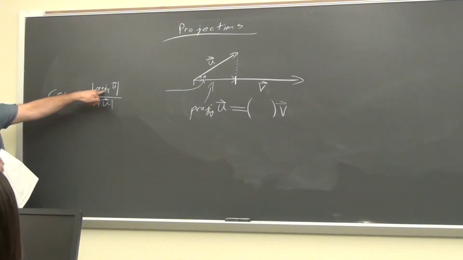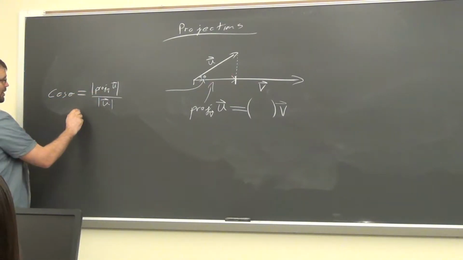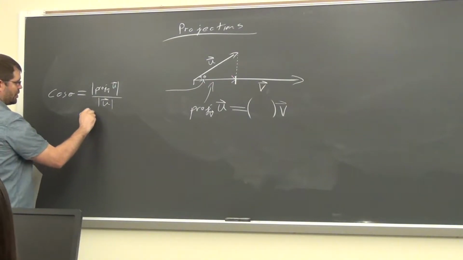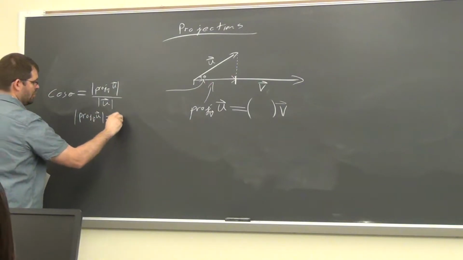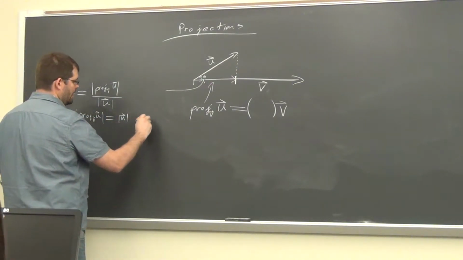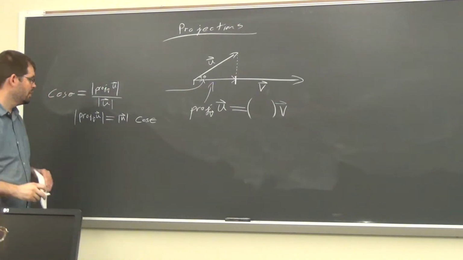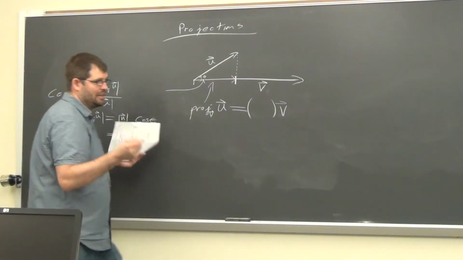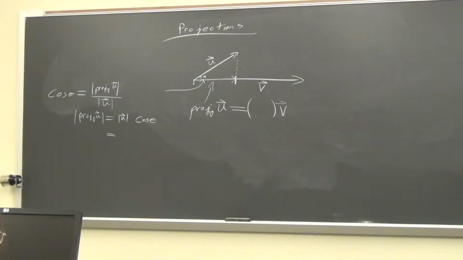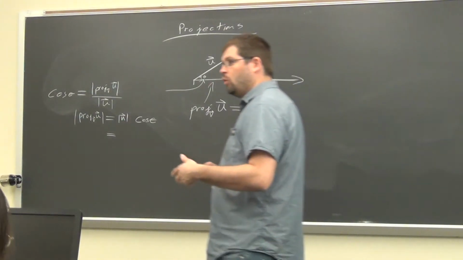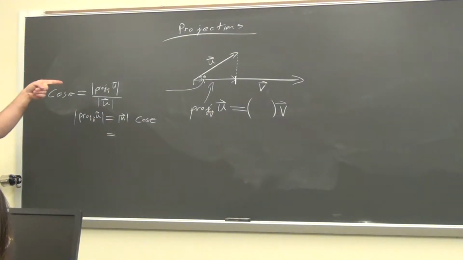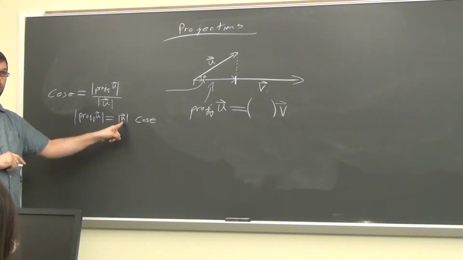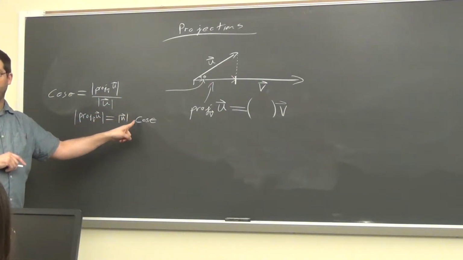We're after a formula for this, so let me write it this way. The size of the projection is the size of u times cosine of theta, which is fine, we know how to get cosine of theta now. But we can save ourselves some time, because what was our formula for the dot product? u dot v was magnitude of u times magnitude of v times cosine of theta.